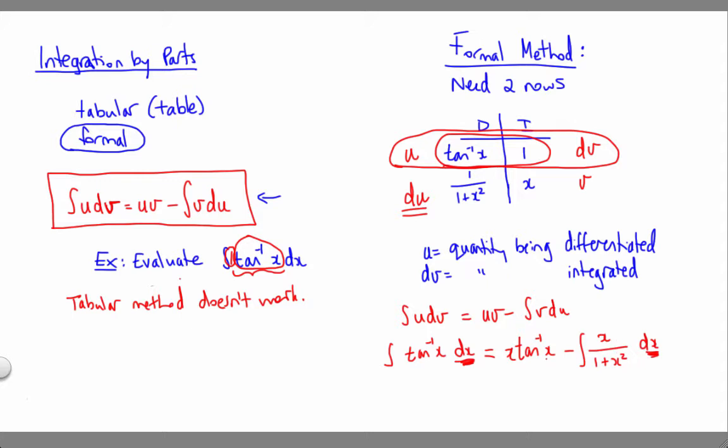Great, so what we've got now is a formula for figuring out the integral of arctan x. Yes, the right side does look a little bit more complicated, but what has happened here is we've turned our original integral, which we could not compute directly, into an expression and another integral which we will be able to compute. So we will be able to evaluate this second integral here, and that will lead us to our answer.